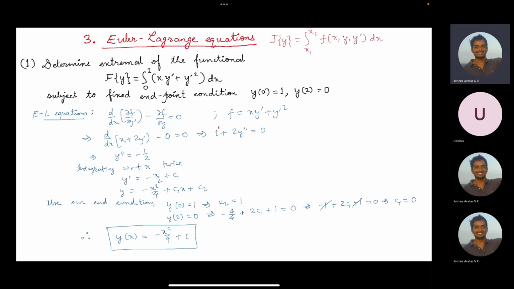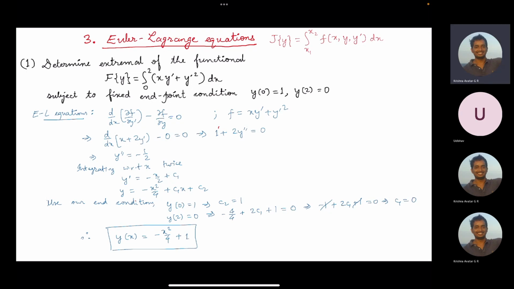And so, this leads us to the equation 1 plus 2y double prime is equal to 0. So this implies that y double prime is equal to minus half. Now, to solve the differential equation, it being a second order differential equation, we just integrate it twice with respect to x.